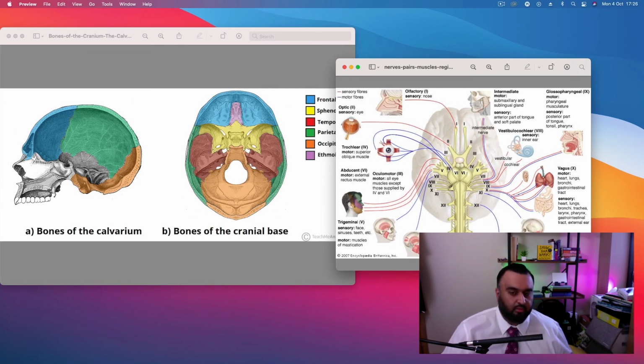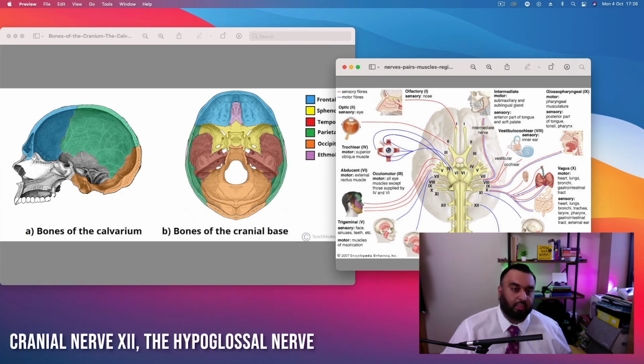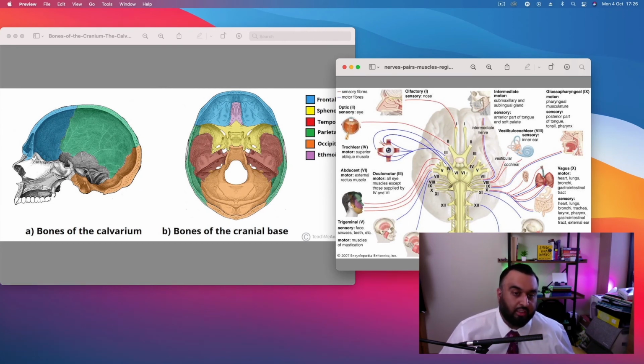And finally, moving to number 12, also known as the hypoglossal nerve, a somatic motor nerve that's named literally because of the location of where it goes to, the muscles under the tongue. And the way to remember this is 4 and 3. It innervates 4 intrinsic muscles within the tongue and 3 extrinsic muscles beneath and behind the tongue.